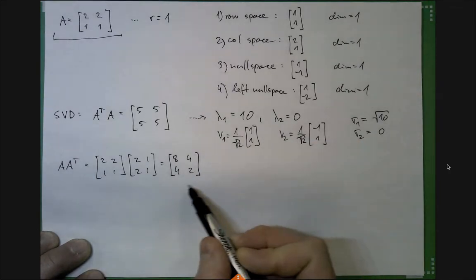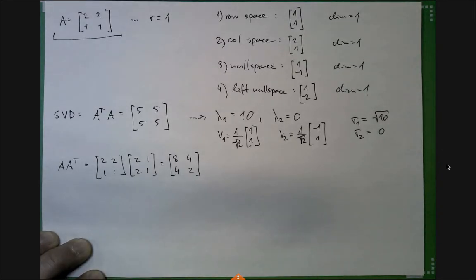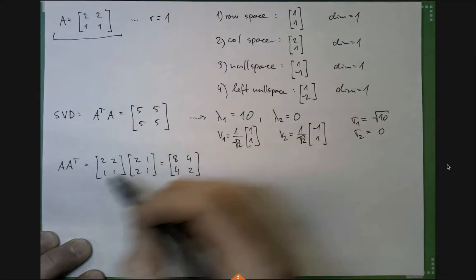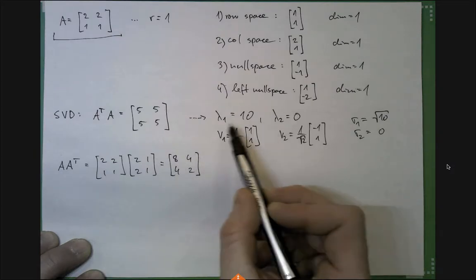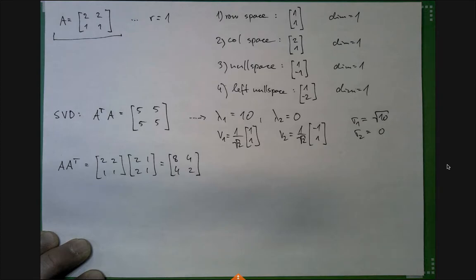What are going to be the eigenvalues of the A A^T matrix? Here again, if you know the theory, you don't have to compute anything. You can just tell me what the eigenvalues are going to be. The answer is simple. They have to be the same as the eigenvalues of A^T A. That's what we discussed on Wednesday.